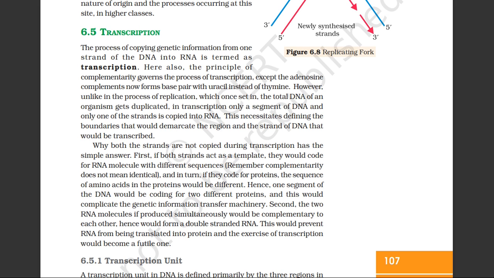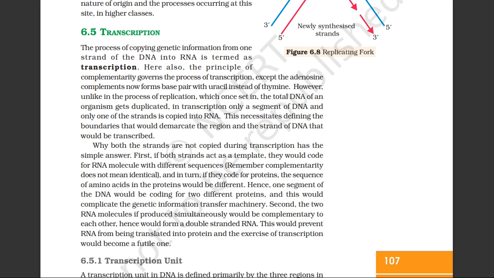However, unlike in the process of replication, which once set in, the total DNA of an organism gets duplicated, in transcription only a segment of DNA and only one of the strands is copied into RNA. This necessitates defining the boundaries that would demarcate the region and the strand of DNA that would be transcribed.